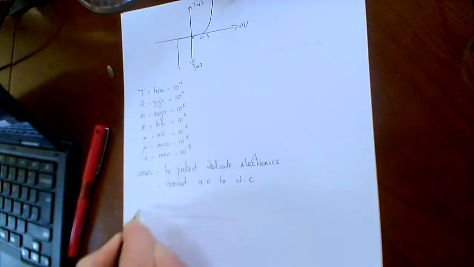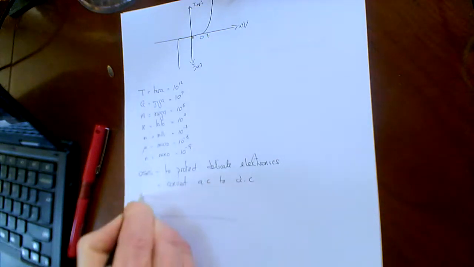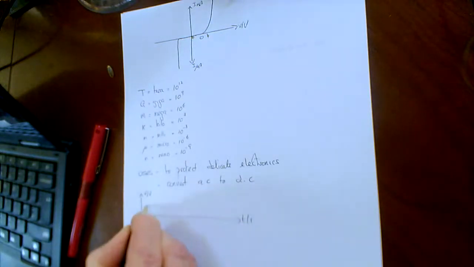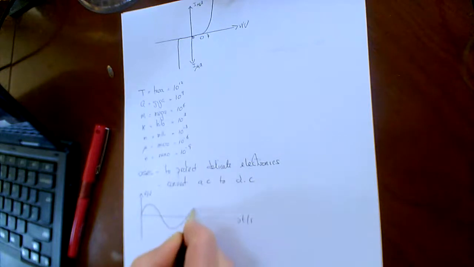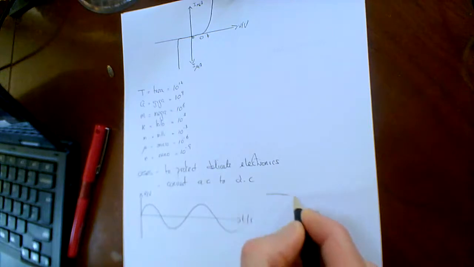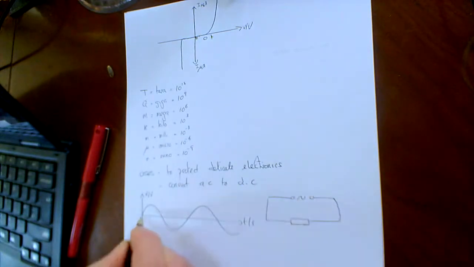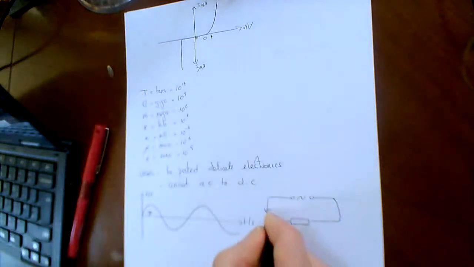It's also used to convert alternating current to direct current. If you look at alternating current, we haven't done this yet, but why not? If you measured it against time, you'd see that sort of thing. So it's rising to a peak, falling to zero, and then it's rising to a peak in the opposite direction. So in a circuit, for example, if we had an AC supply across a resistor, then for this bit, the current's flowing in that direction.